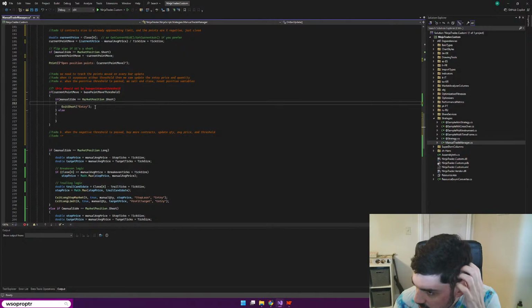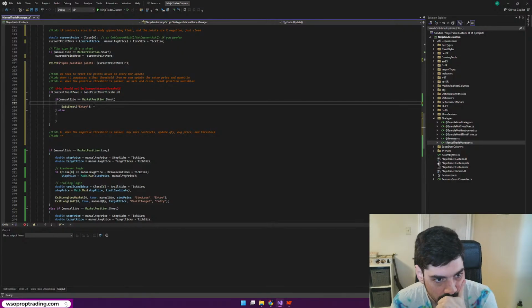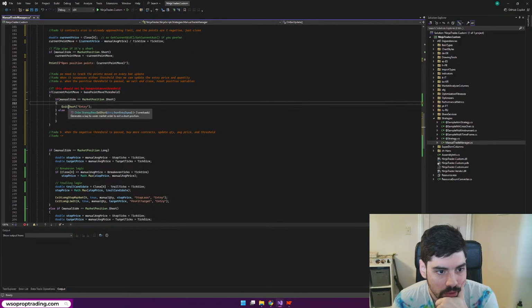The other thing I'm thinking about is exit short. We might want to just have our stuff set to exit, like it should make the limit orders instead of trying to make an order once it detects it.